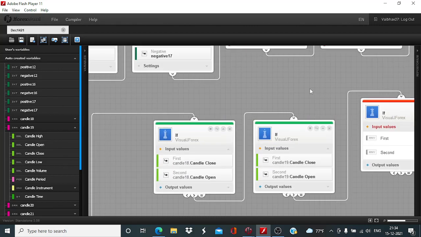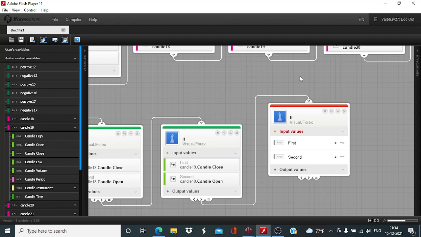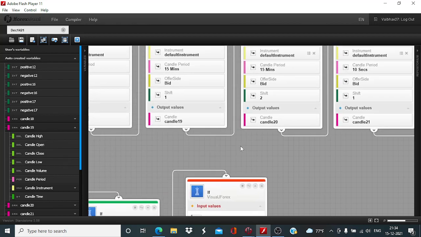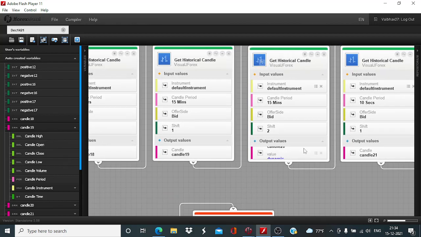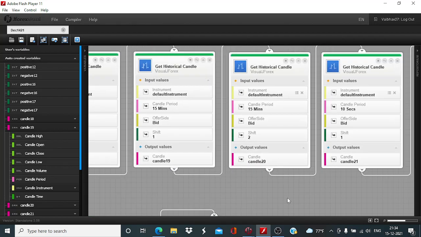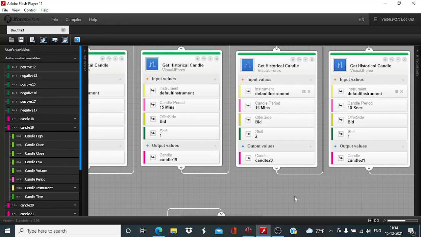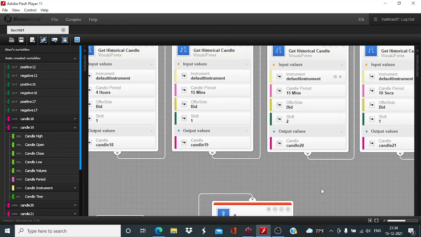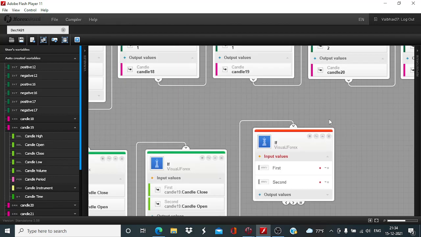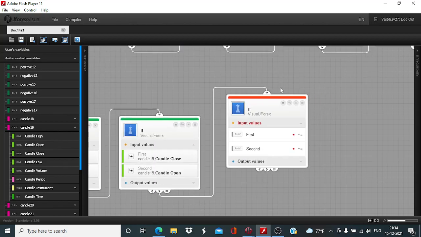Okay. And the 15-minute candle prior to the candle 19, it could have gone anyway, so we will not consider it.